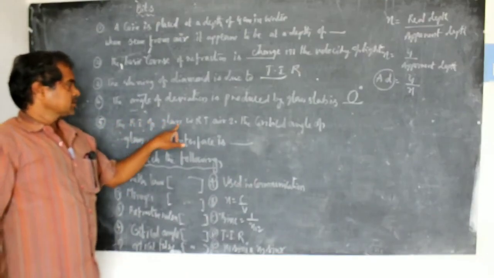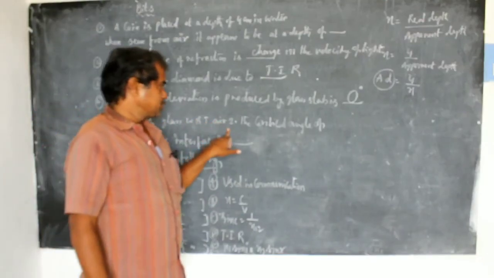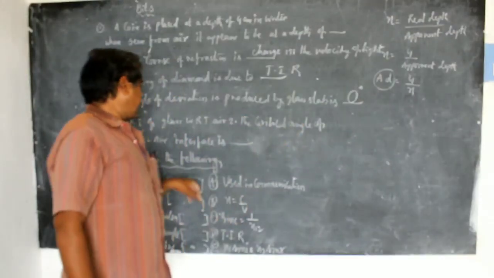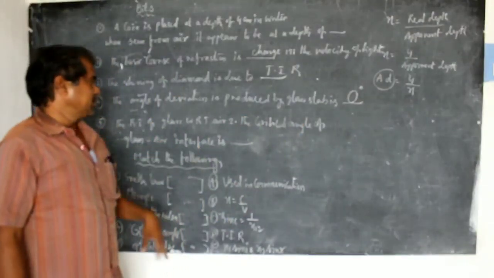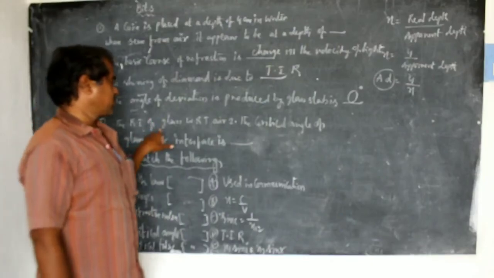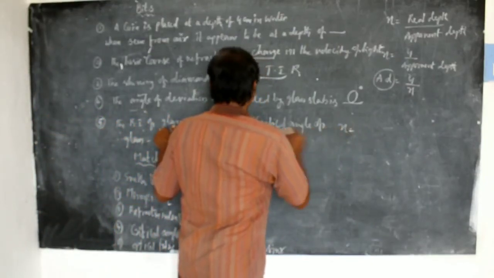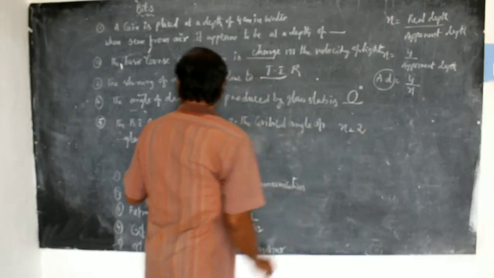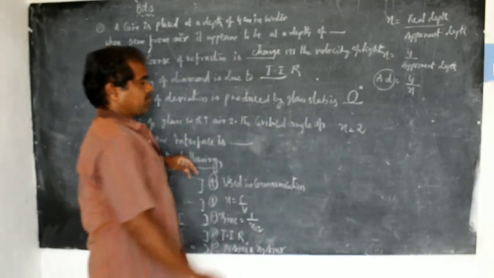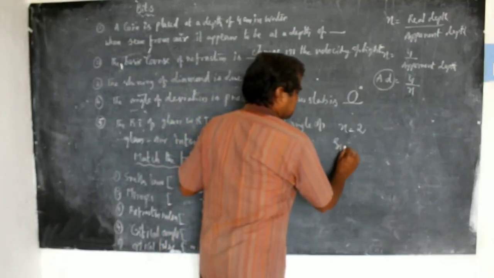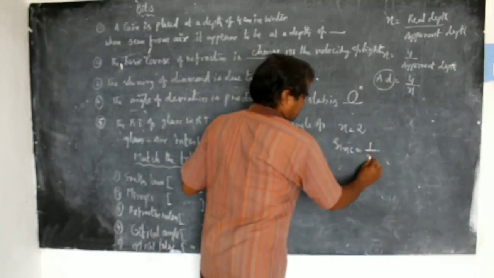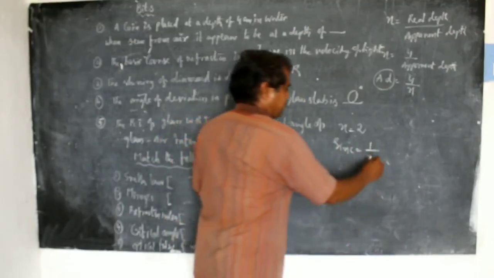The refractive index of the glass with respect to the air is 2. The critical angle of the glass-air interface. What is given here? Refractive index n is given, 2. We have to find the critical angle. Sin C is equal to 1 by n12 or 1 by n.